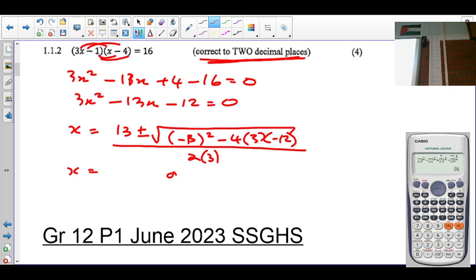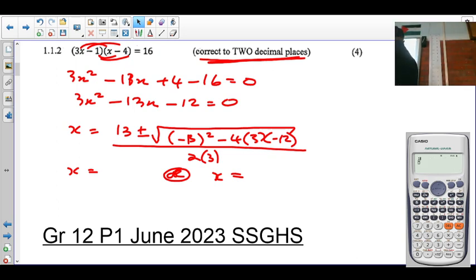So x works out to be one of two values. So we're going to get 13 plus the square root of 13 squared minus 4 times a times c over 2a.